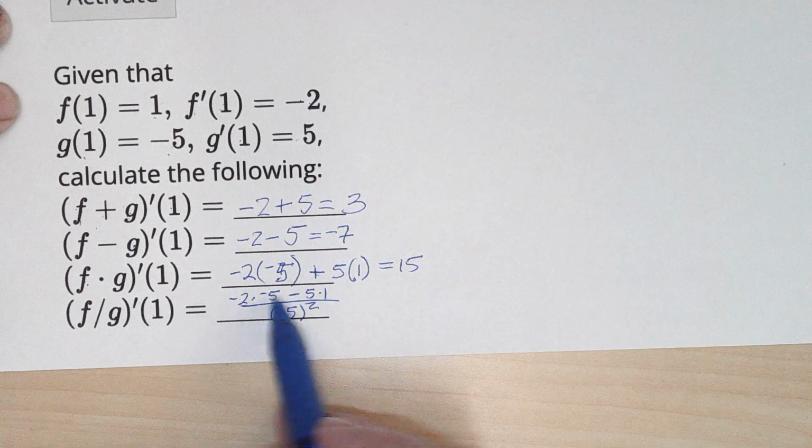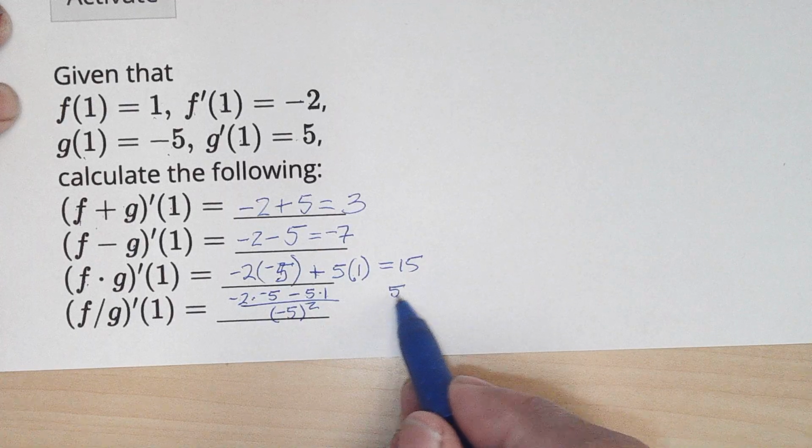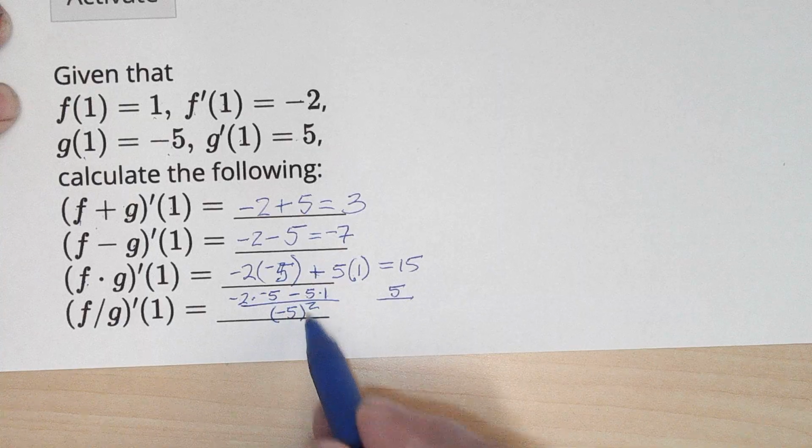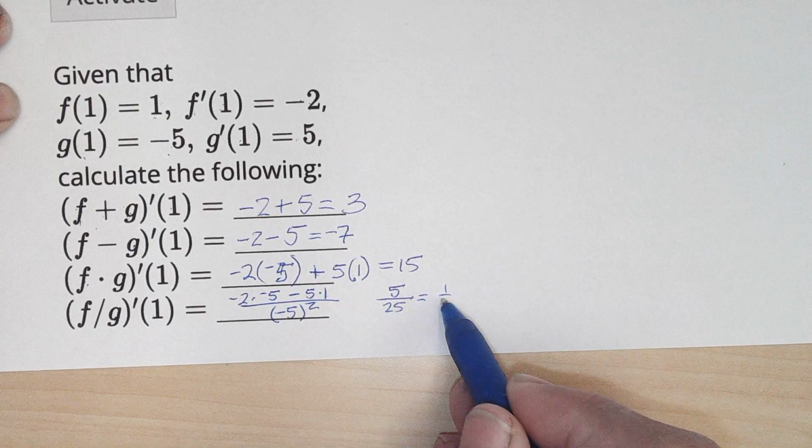So we get 10 minus 5, which is 5, over -5 times -5 is 25. So we get 1/5.